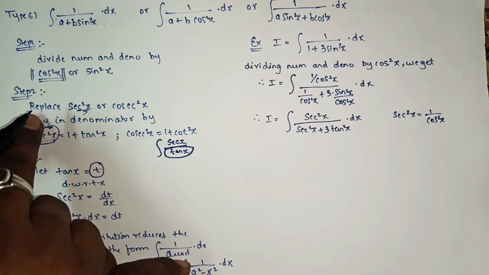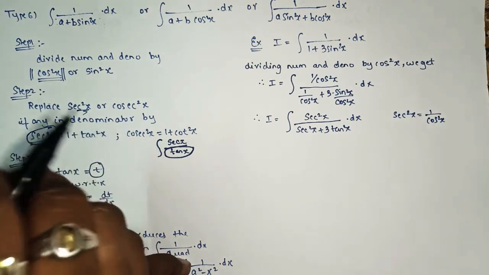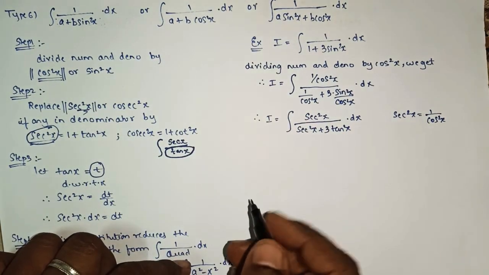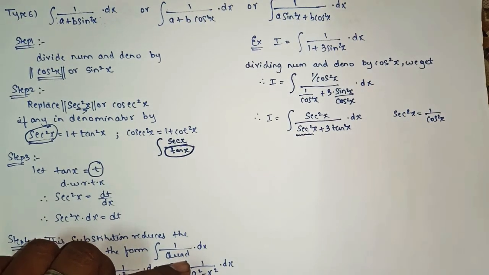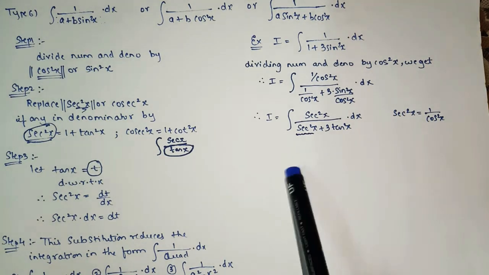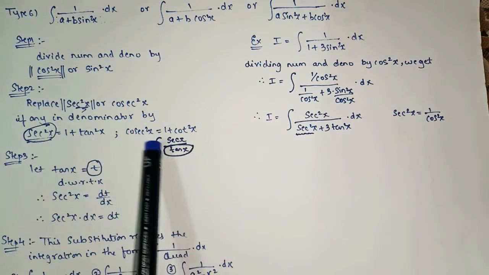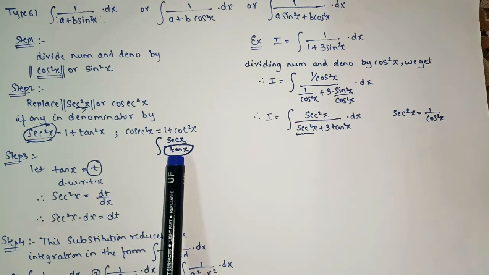Step number 2 is what? Replace sec square or cos square if any in the denominator. If you see sec square anywhere in the denominator, as we can clearly see here that we have sec square, we have to write the sec square as 1 plus tan square, because in simple language, in type number 6, the numerator should contain only the sec part and the denominator should contain only the tan part, meaning tan square.